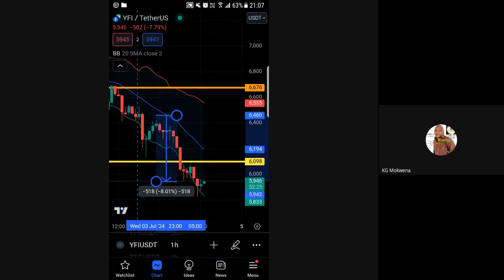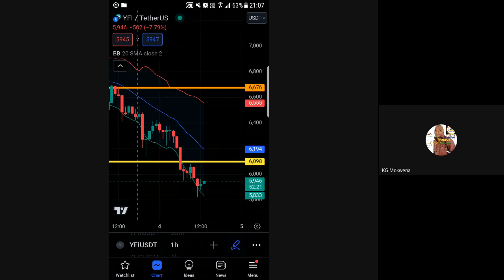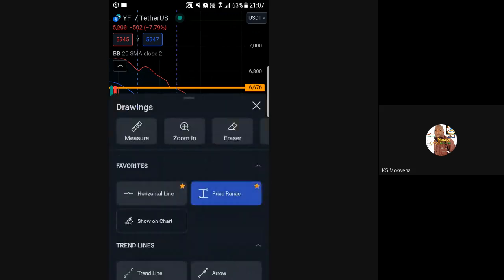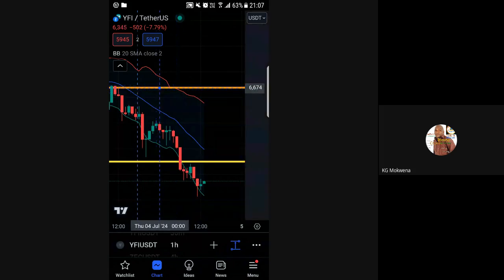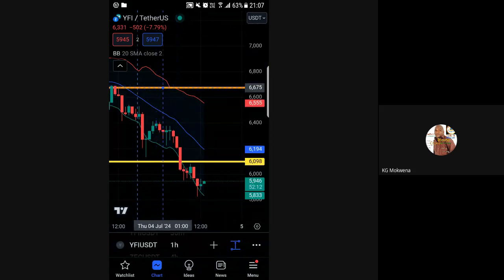Oh, sorry. Let me delete this one for now. I want to place it according to where the current price is. Okay, I start from the orange line, and then let's go to the current price. There we go.